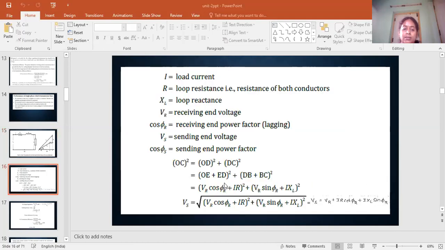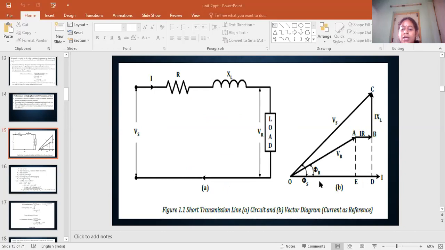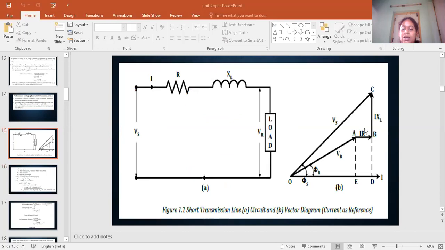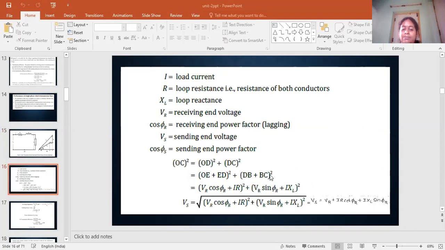Here OD can also be written as OD equals OE plus ED, and CD can also be written as CD equals CB plus BD.